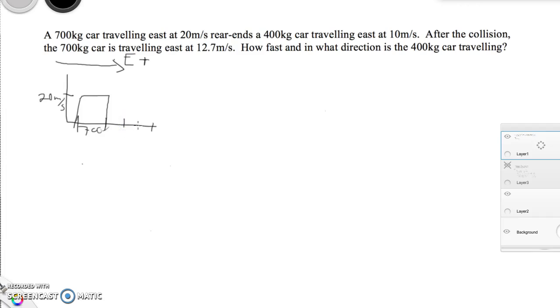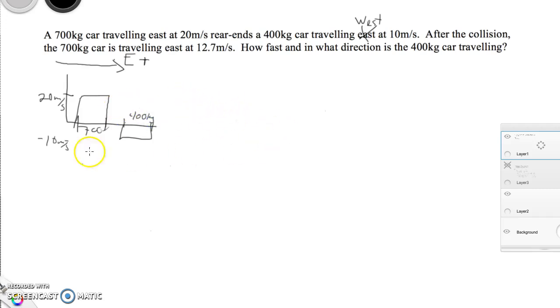Actually, let's change that. Let's say the 400 kilogram car is traveling west at 10 meters per second, to make this problem a little more interesting. Its velocity would be negative since it's going the opposite direction.